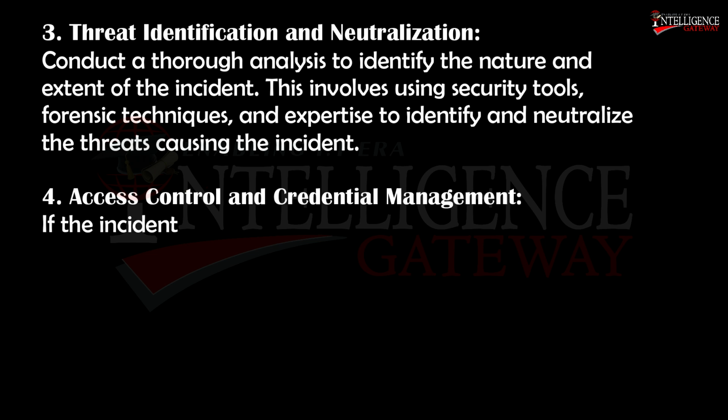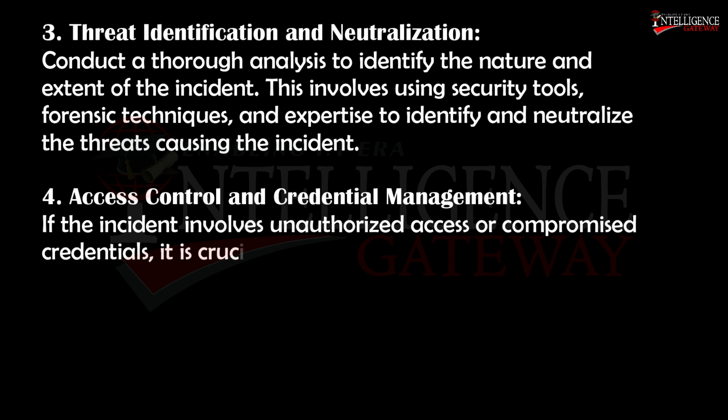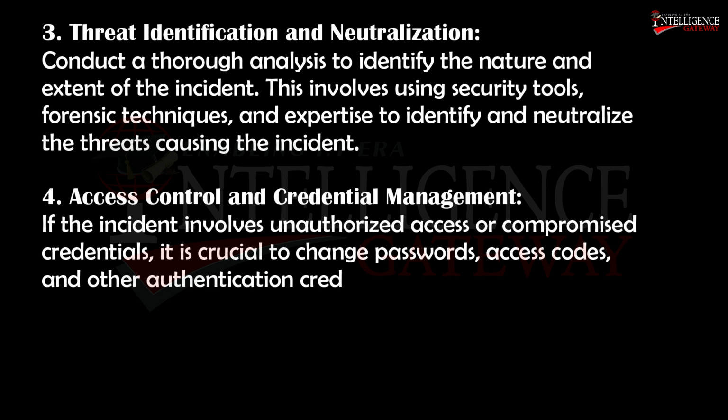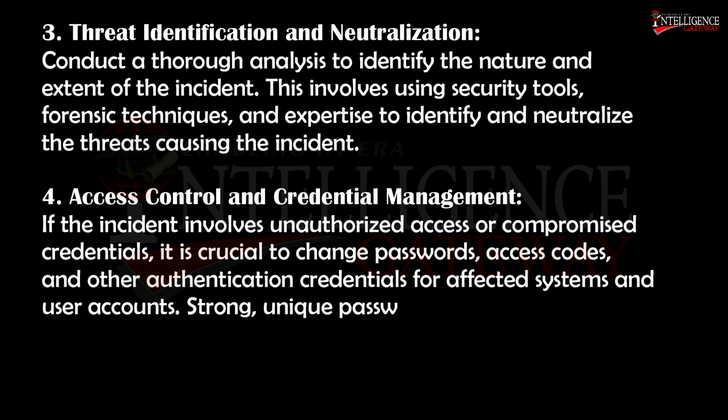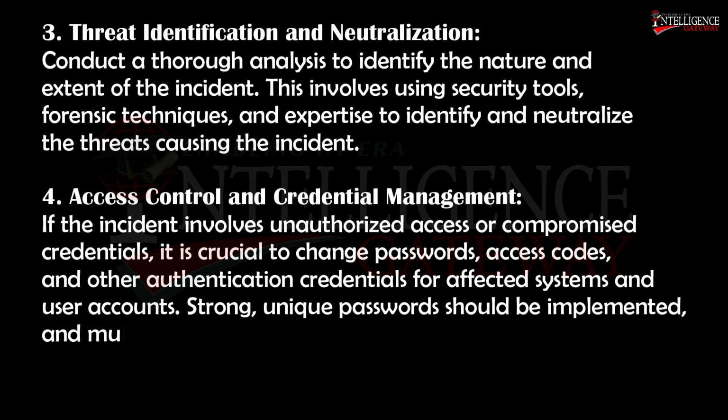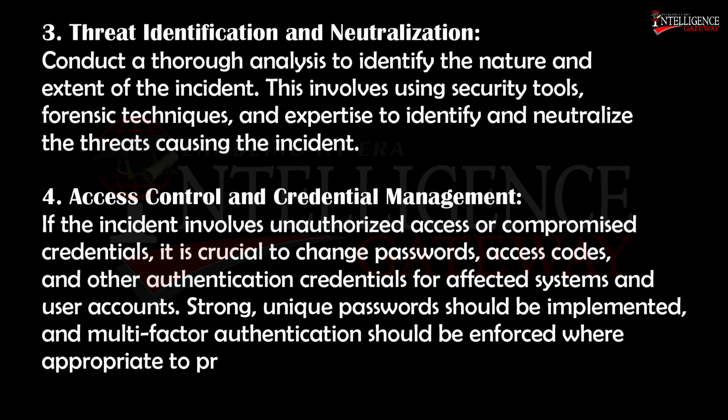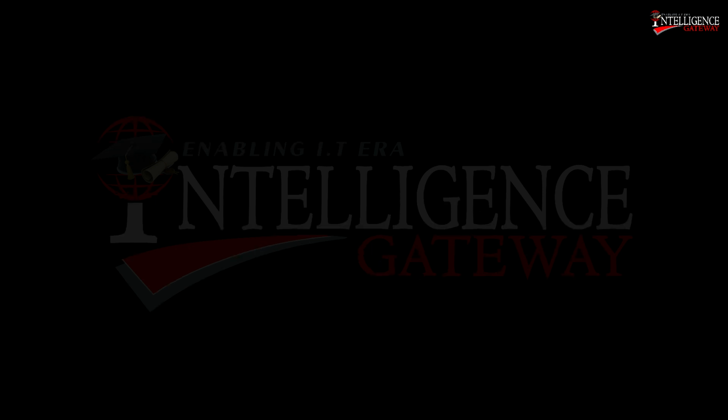4. Access control and credential management. If the incident involves unauthorized access or compromised credentials, it is crucial to change passwords, access codes, and other authentication credentials for affected systems and user accounts. Strong, unique passwords should be implemented, and multi-factor authentication should be enforced where appropriate to prevent further unauthorized access. 5.